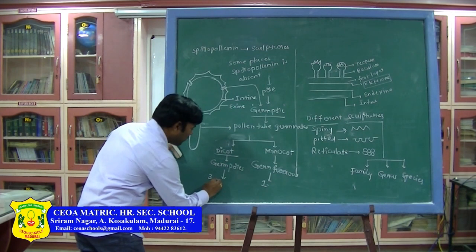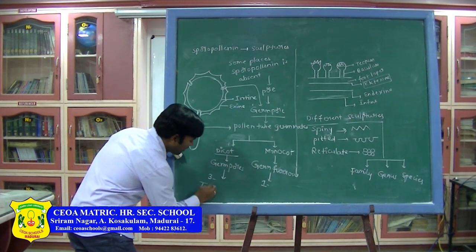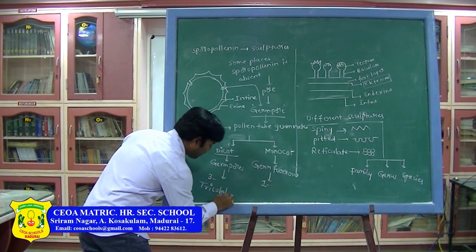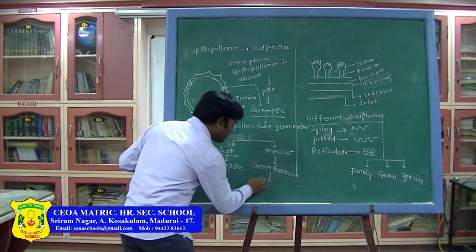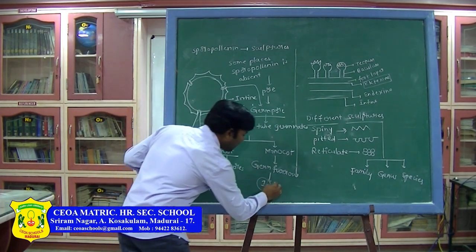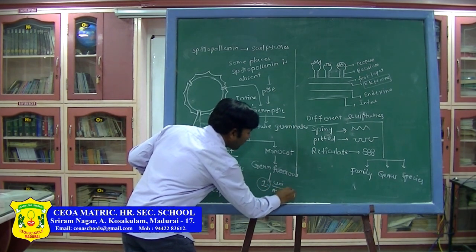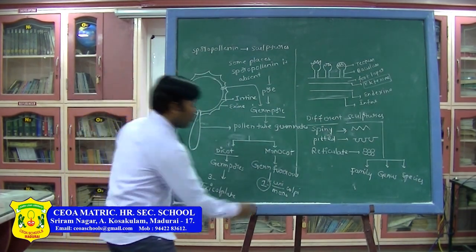So 3 pores are present, and that is why it is called tricolpate or tricolpi. Here only one is present, and that is why it is called monocolpate or colpate.